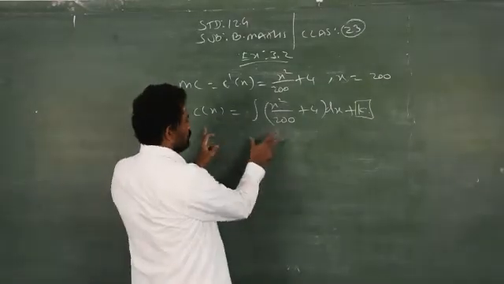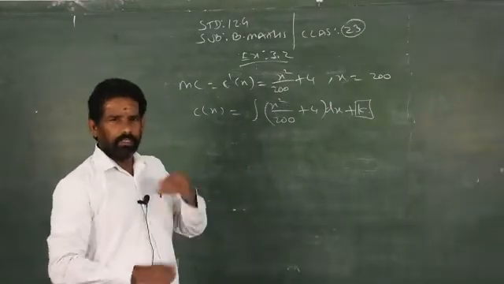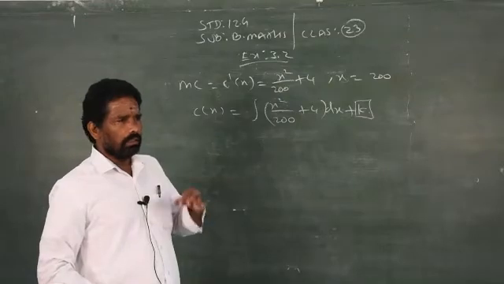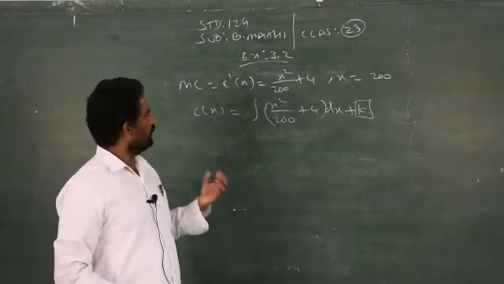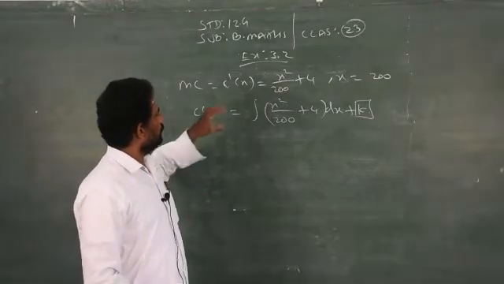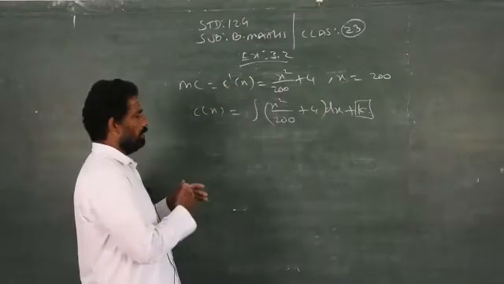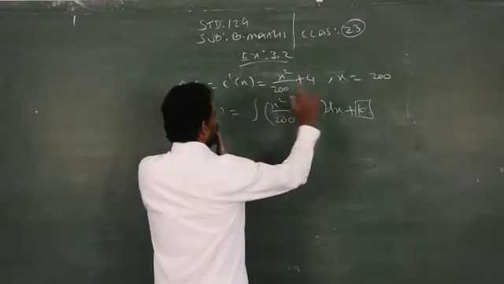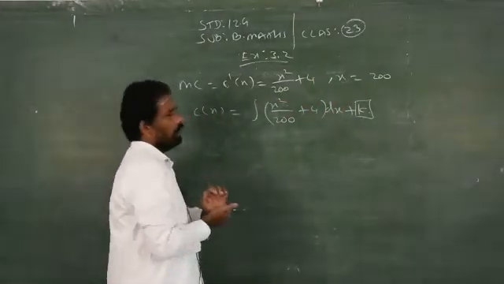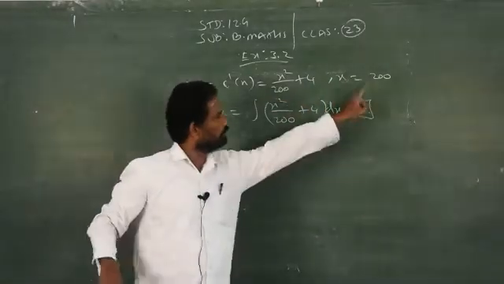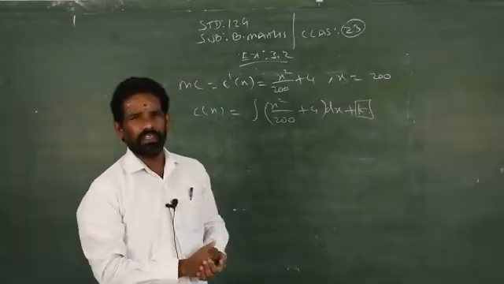I told you how to decide whether the question stands for indefinite integral or definite integral. So, again I will repeat. When the limits are given very clearly, you have to find the cost of how many units? 200 units.